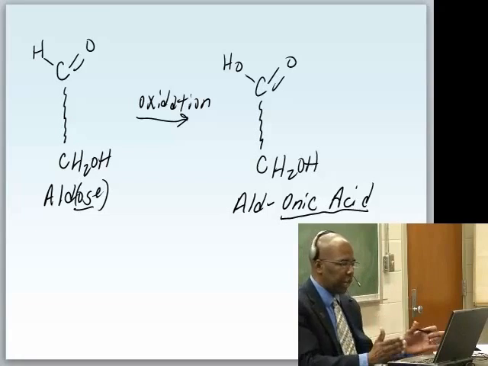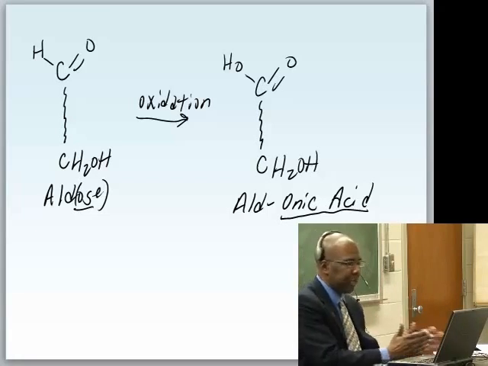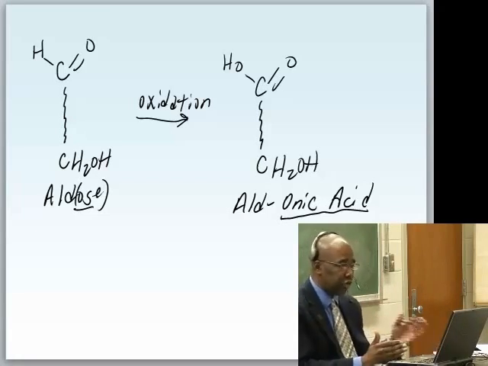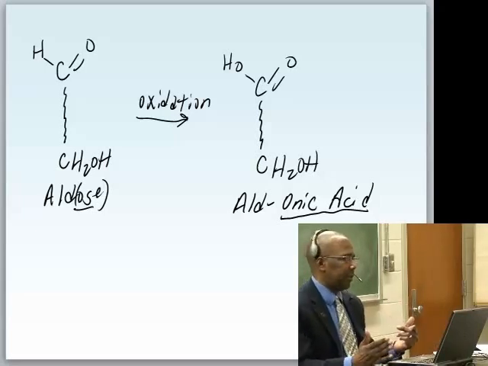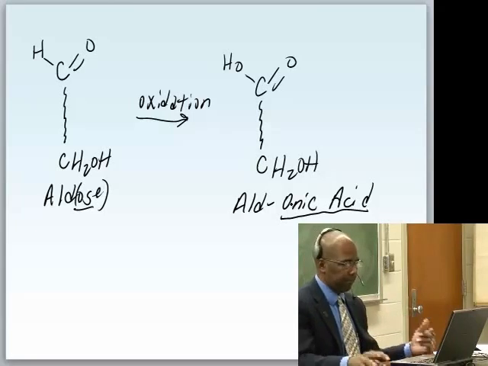When you oxidize carbon 1, you change the aldose to an aldonic acid. So you change the name of the carbohydrate to something ose to something onic acid. Make sense?